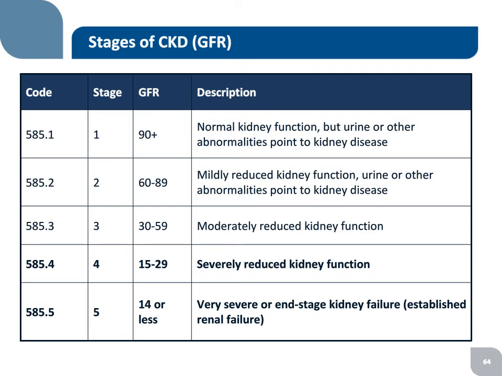We sometimes will just see a GFR factor, and we know that patient probably has CKD, but we can't code from a factor alone. So make sure not only the GFR is supporting the diagnosis, but the National Kidney Foundation actually has a nice chart that tells you the criteria for CKD.